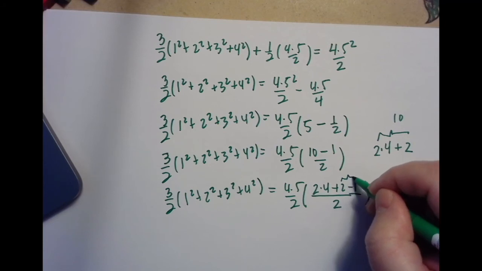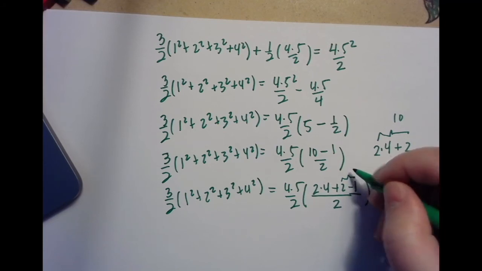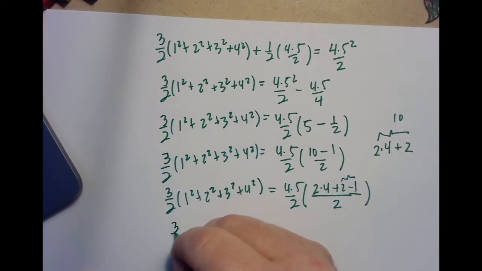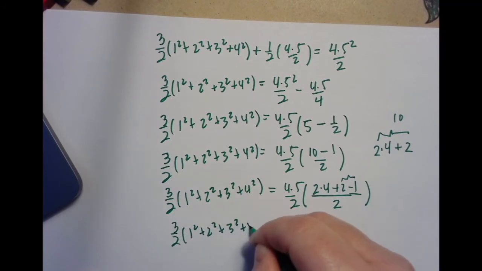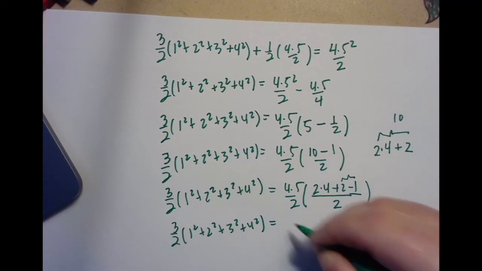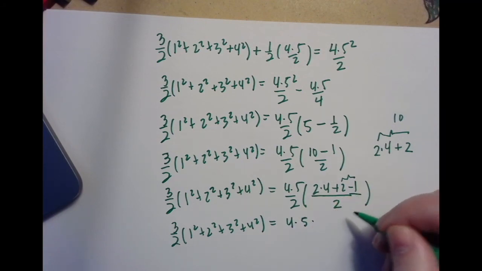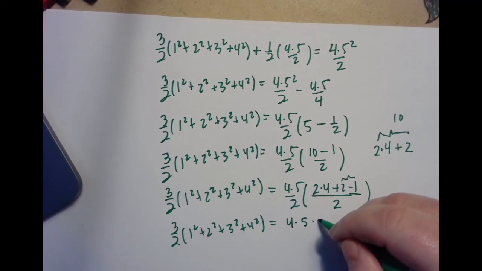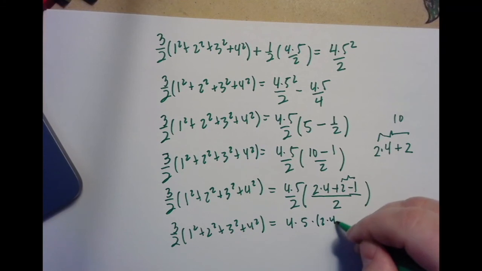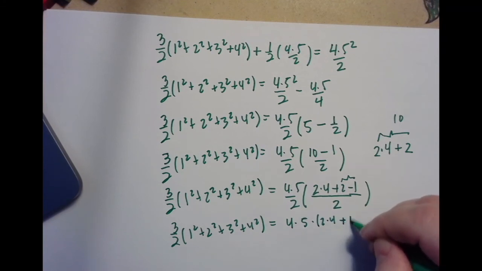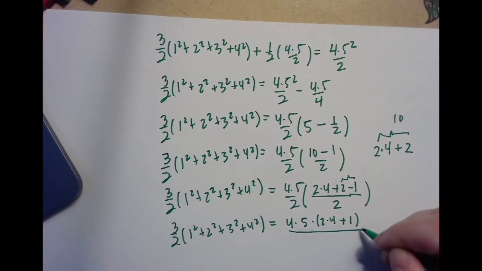Okay. So let's just simplify this part. That becomes a plus 1. So I have 4 times 5 times, now that would be 2 times 4 plus 1 all over 4.